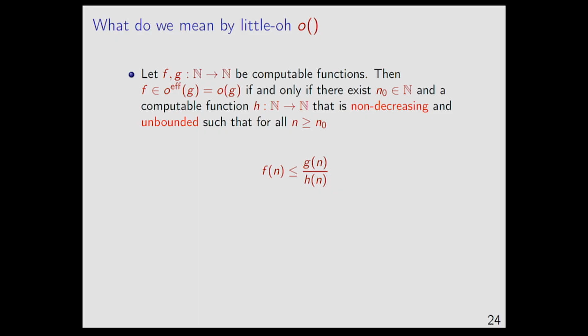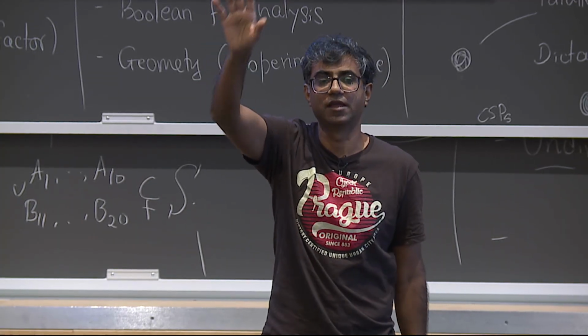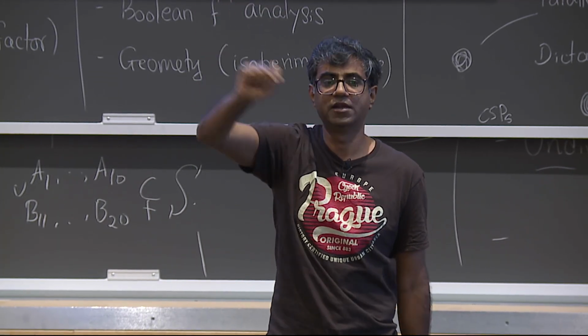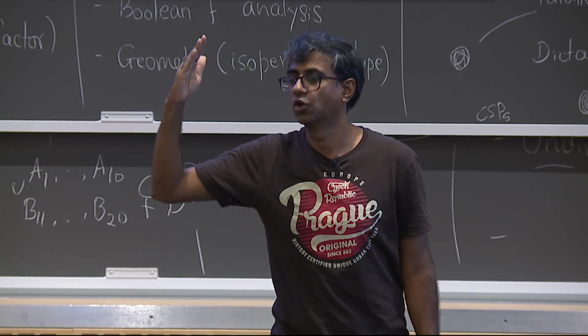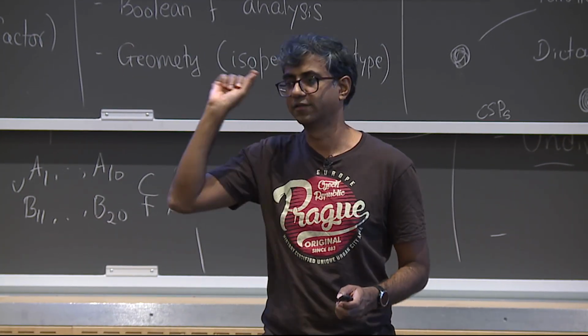So that we don't have confusion going forward, I thought I would put up a slide on what I mean by little o in this talk. So f of n is upper bounded by g of n divided by some function which grows as n grows. That's a way to keep it in your head.